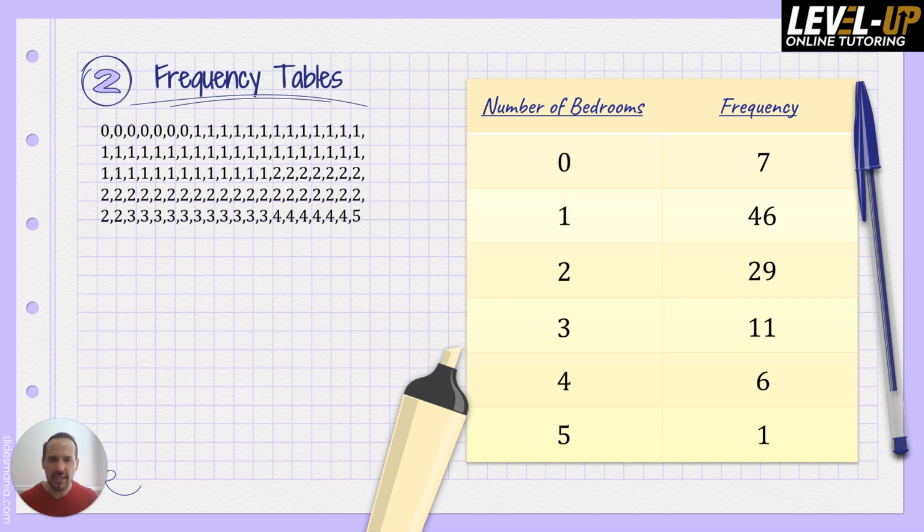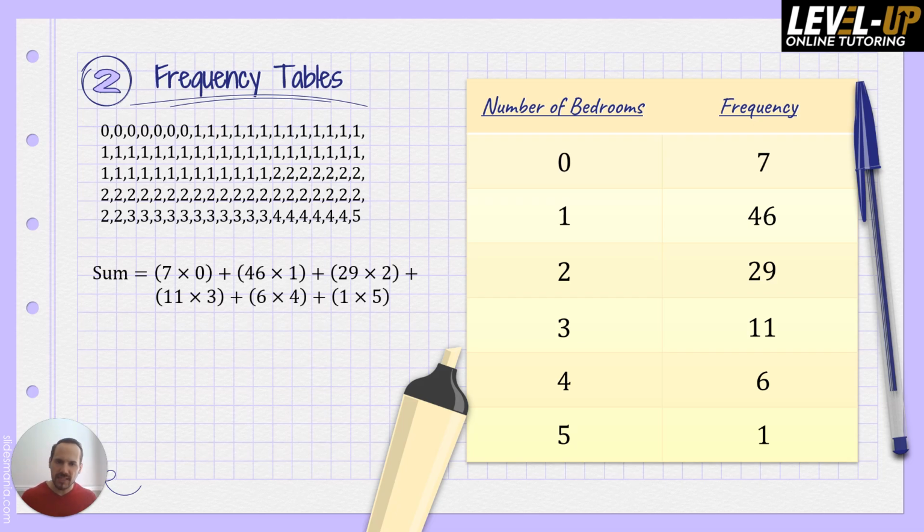So we could calculate that sum like this, because we know we've got 7 zeros, we've got 46 ones, we've got 29 twos. So if we multiply each of these types of data point, 0 to 5, by their respective frequencies, that's going to give us the total of the data set. We can work out each one individually, and then you see it comes to 166.